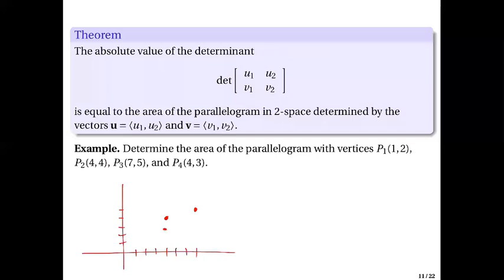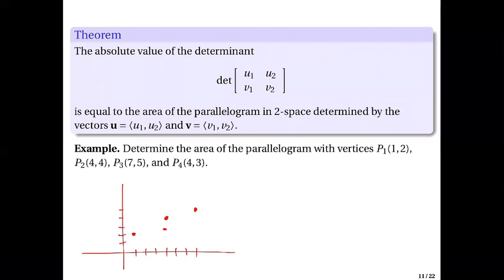And then, what's the other guy? 1, 2. 1 and then 2 here. So how do we see this? Where is the parallelogram?